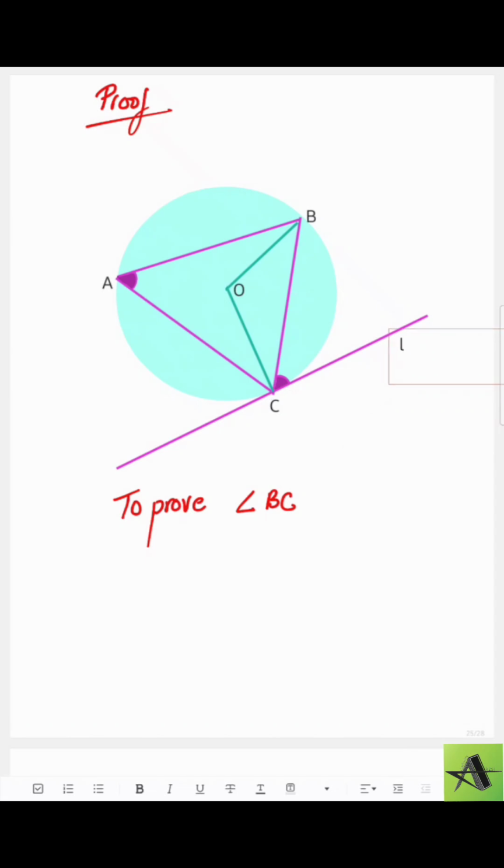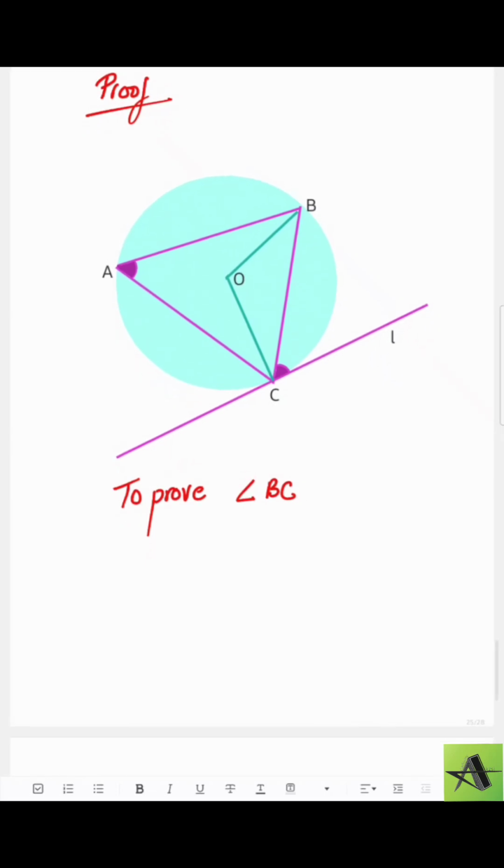So angle BCL, that means this L I'm talking about, this one, is equal to y. So what are we trying to prove? We are trying to prove that angle BCL should be equal to this angle, which is angle BAC. We have to prove these two equal.